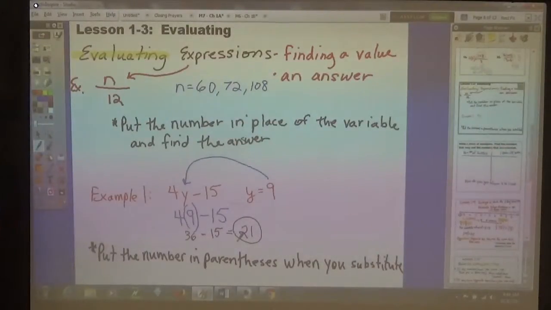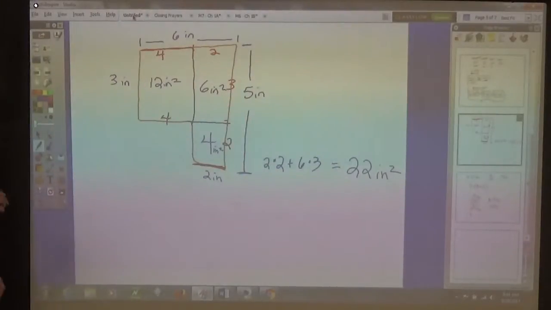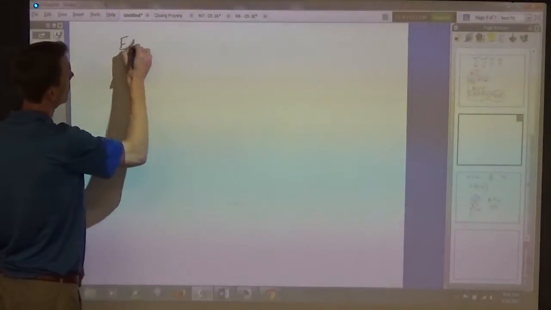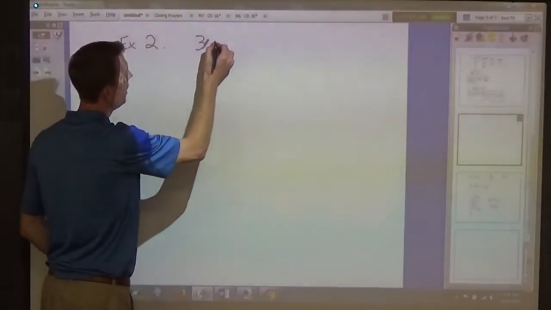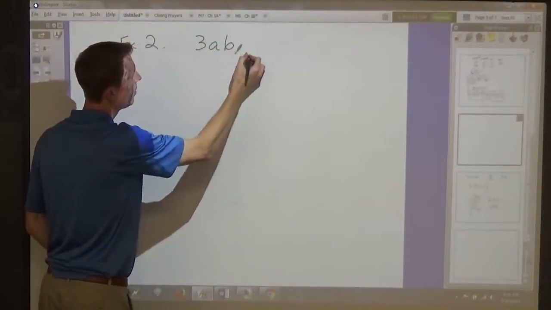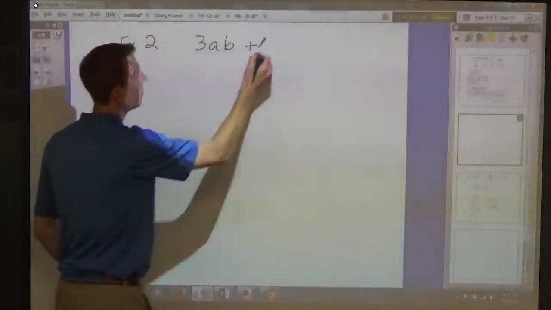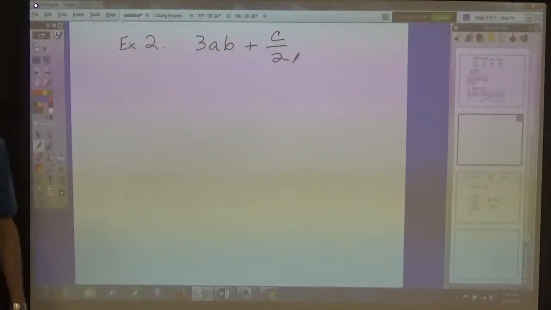Let's do example 2 in your notes. 3ab plus c over 2. Okay?